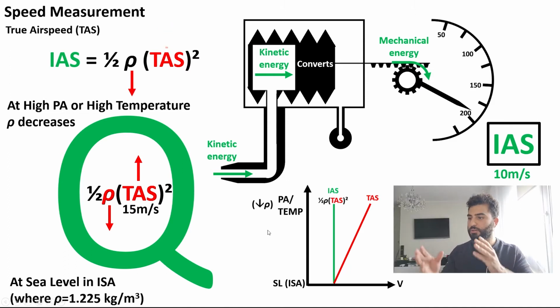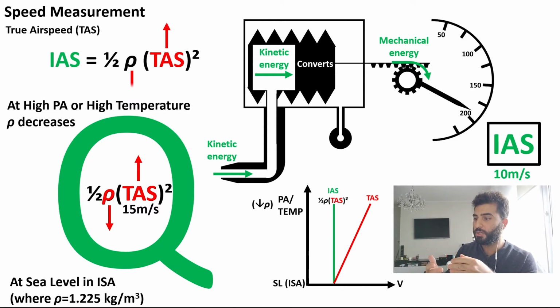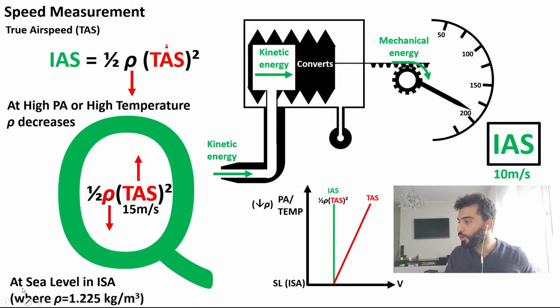And I would like to make a pause on this graph. This is a graph that we see in many teaching manuals and many lessons. But when you look at this graph, it looks like the TAS can only be higher than or equal to the IAS. It looks like there is no case where the TAS is lower than IAS. Well, that's a bit wrong, because actually it is possible to have a TAS lower than IAS, and that's not hard to do.